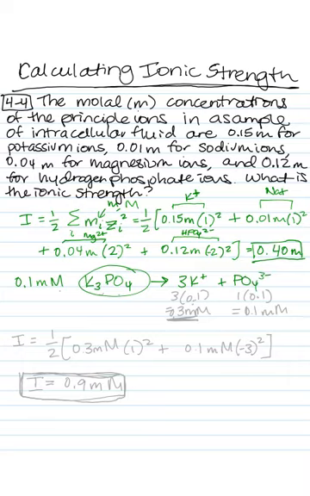So that means that I'll have 3 times 0.1 millimolar, or 0.3 millimolar potassium ions, and 0.1 millimolar for a phosphate anion.